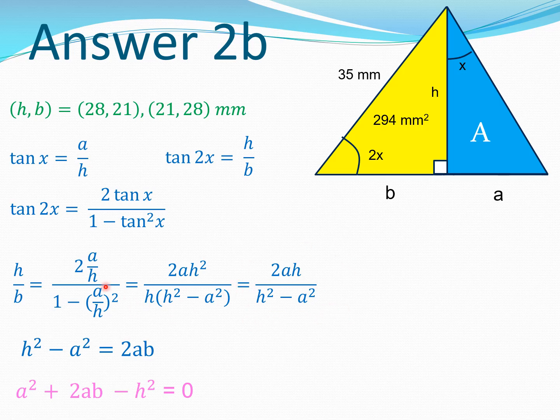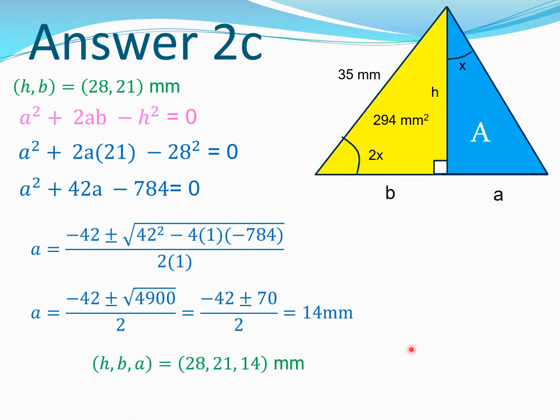Now looking at this term and the h by b term here, I can write the equation h squared minus a squared is 2ab. There is a cancellation of this h and this h. From this equation I can write the quadratic a squared plus 2ab minus h squared is 0. This formula in pink is our third key formula, and it relates a to b and h. Since I know b and h, I should be able to calculate a from this formula.